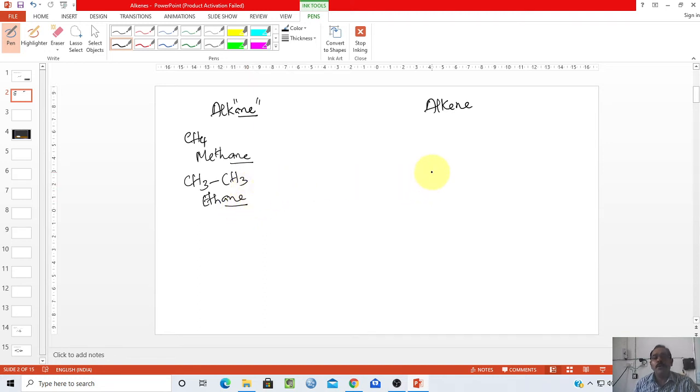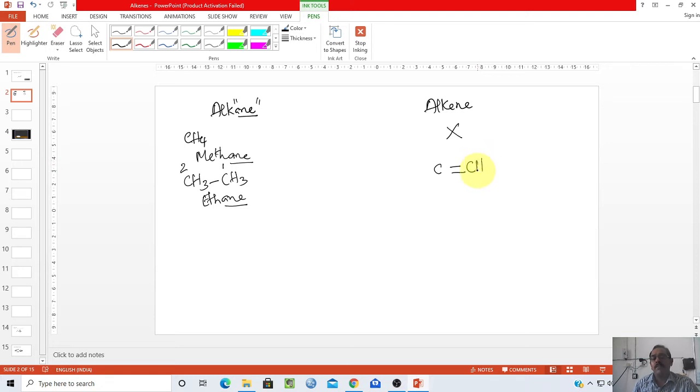Since ethane has two carbons, there is a possibility of forming a double bond between the two carbons. Hence, the alkene equivalent to methane we will not be having. Therefore, ethane has a corresponding alkene by the elimination of one hydrogen from the first carbon and another hydrogen from the second carbon.